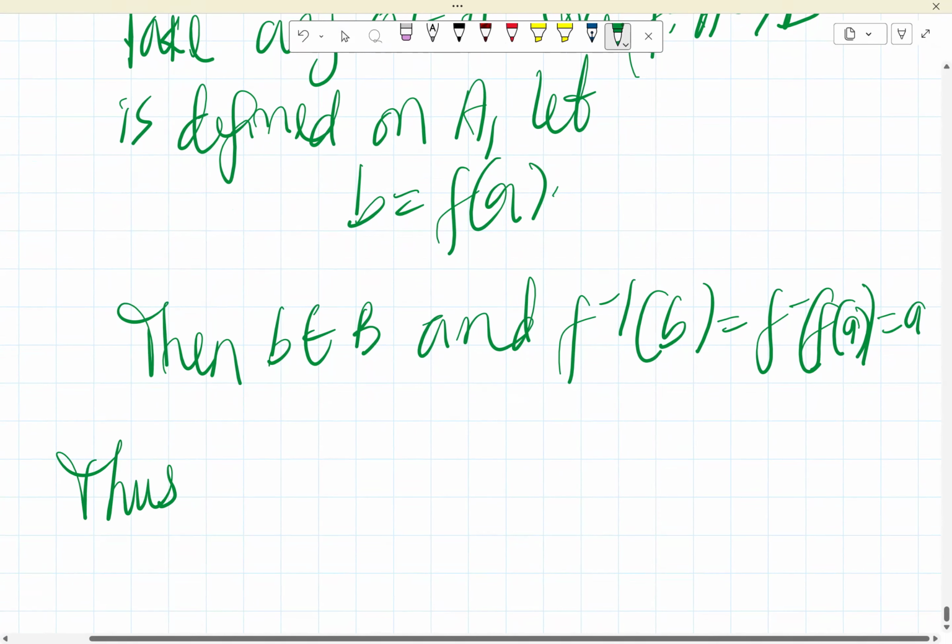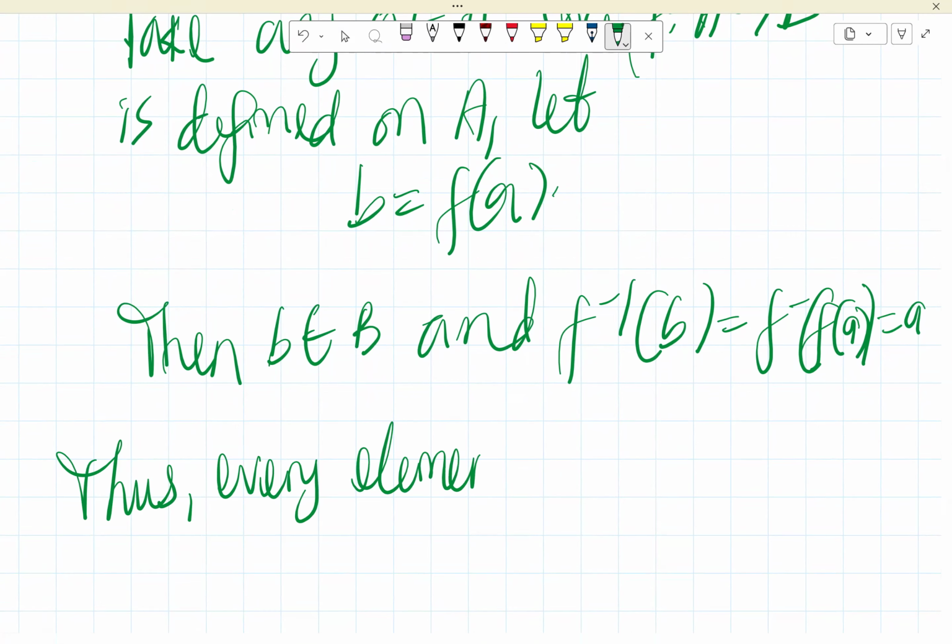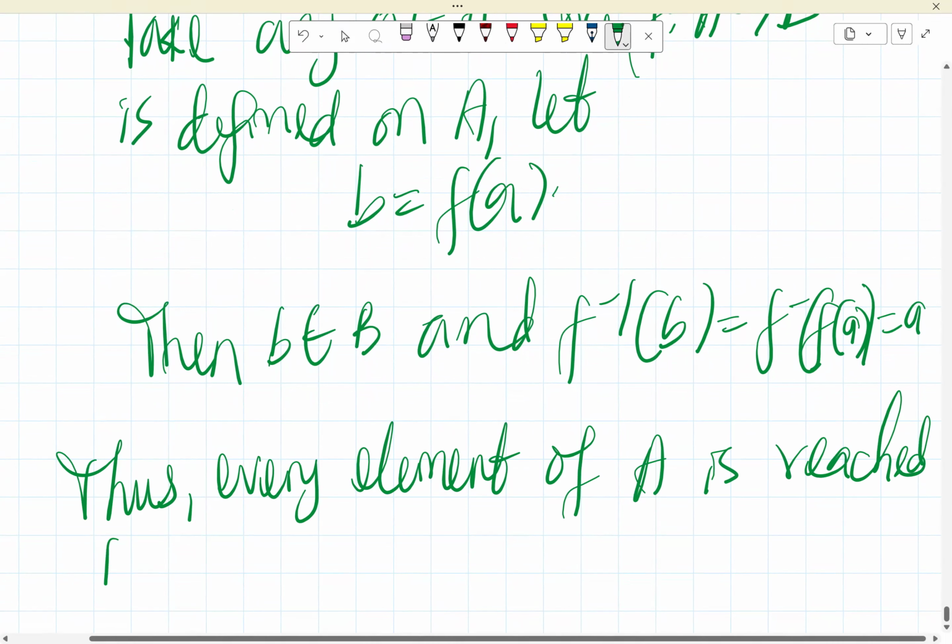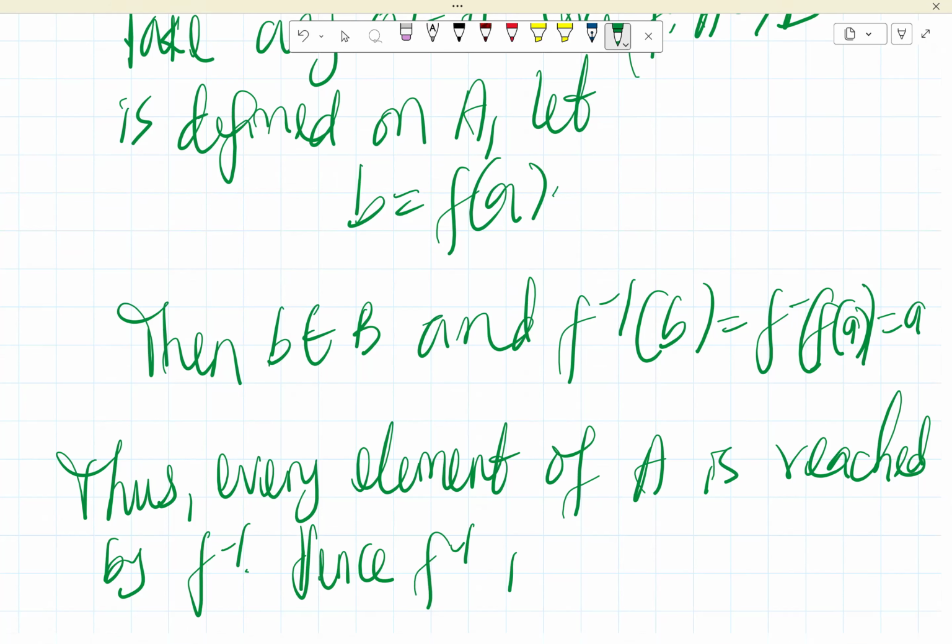Thus, every element of A is reached by F inverse. Hence, F inverse is surjective like that.